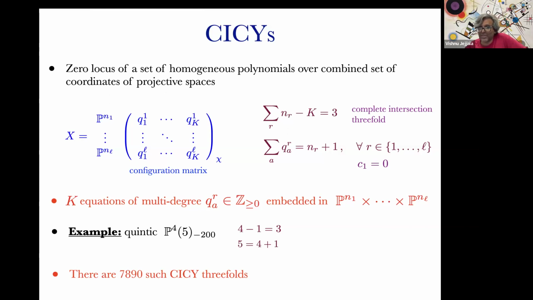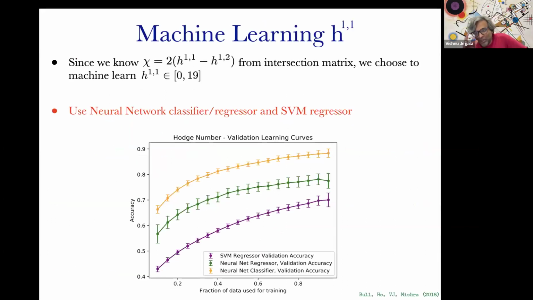So we took these 7,890 Calabi-Yau threefolds described by these matrices and tried to see whether you can learn topological data from the numbers which appear in these matrices. The initial investigations were to learn the Hodge numbers. And in 2018, we found that we could learn these Hodge numbers with about 90% accuracy.